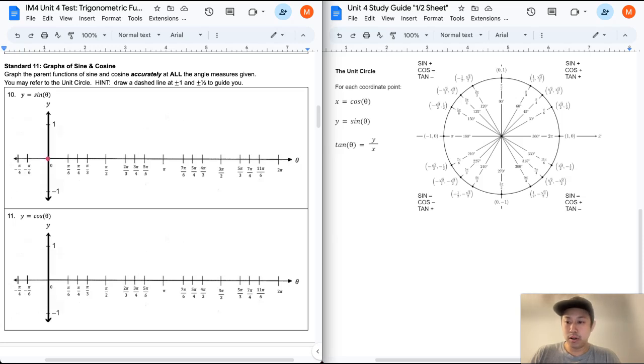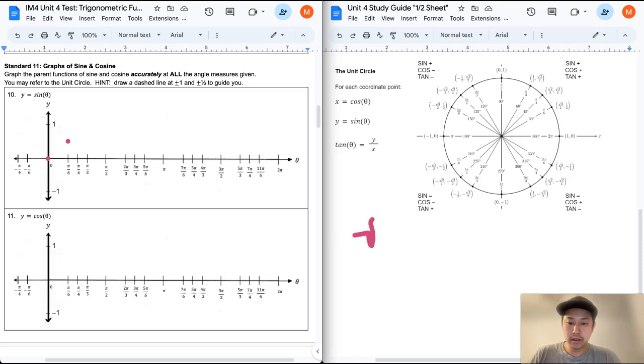I'm going to move my cursor to show you all the references. Sine of pi over 6 should be 0.5, so about there. You want to graph it as accurately as you can. It's halfway from 0 to 1, that's your 1/2.